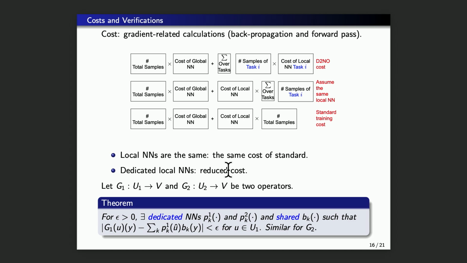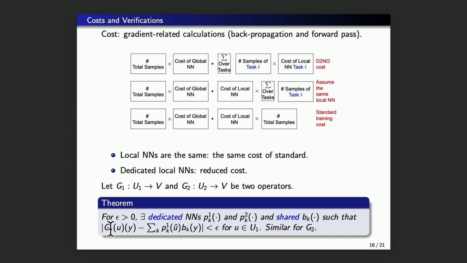Here is the simplified case. We only consider two different tasks, U1 and U2, and they both map to the same function space. The theory is that we have dedicated neural networks PK1 and PK2, one for U1 and one for U2, and also a shared structure BK as a basis, and their combinations can approximate each operator separately.